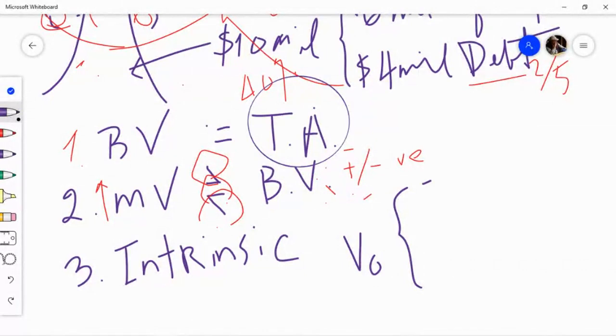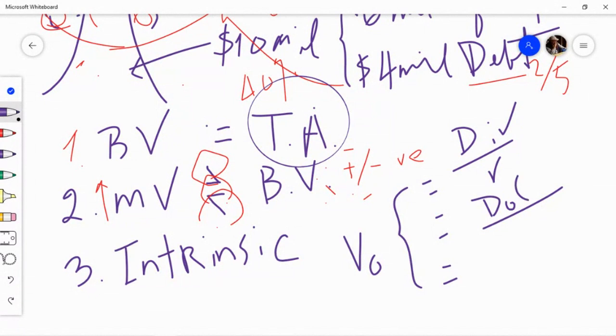You learned three different models, right? One is constant dividend. The second one is constant growth, constant dividend growth, so dividend at time 1, which is dividend at time 0 times 1 plus growth rate, and then divided by R minus G, which is also called the Gordon growth model.